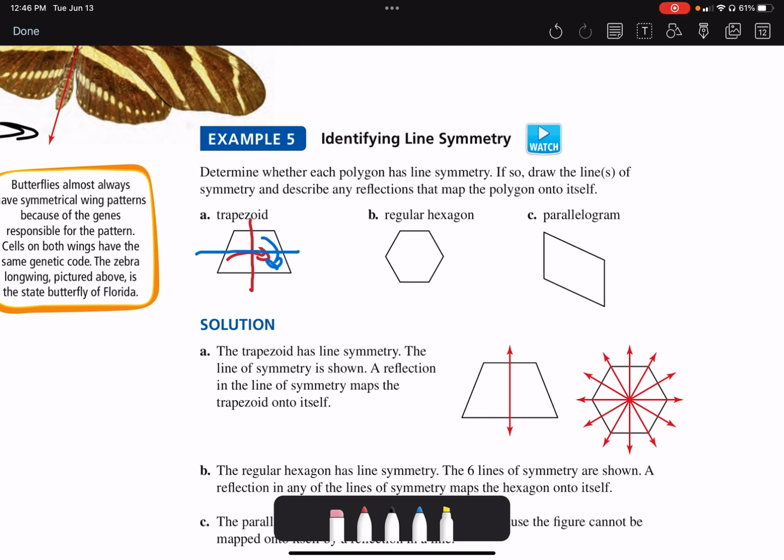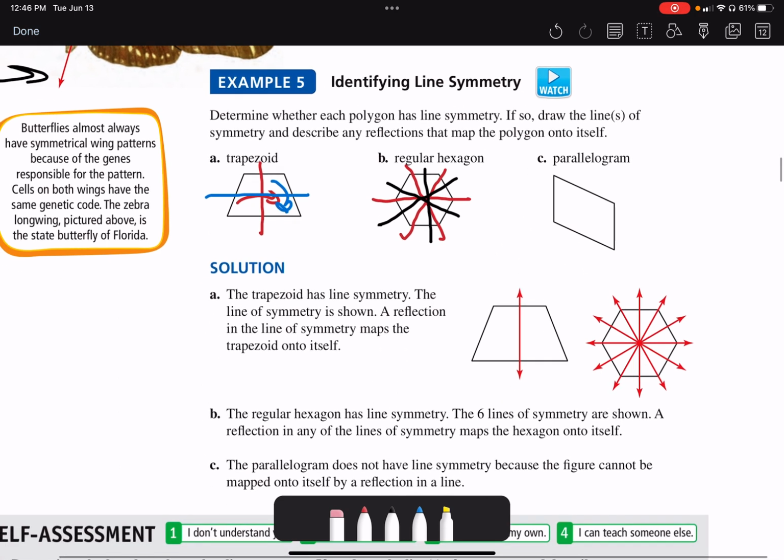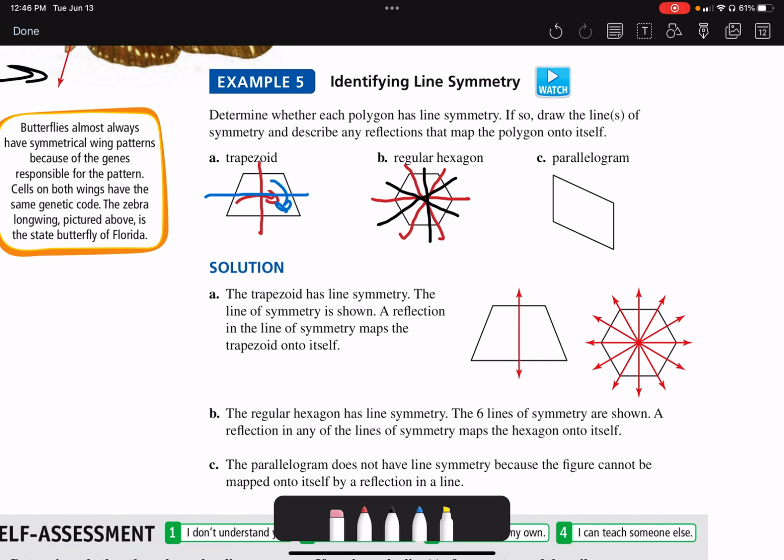B, the regular hexagon. Does it have line symmetry? It does. It has a lot of lines of symmetry, right? There's 1, 2, 3, and then what if we cut each one of these? 4, 5, 6. Yeah, I think that's it. Yep, 6 lines of symmetry are shown.